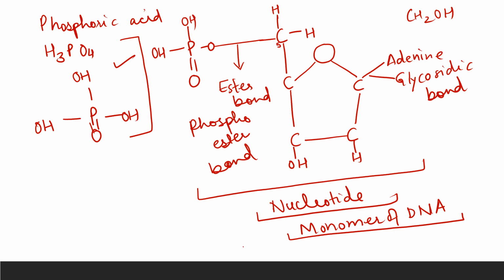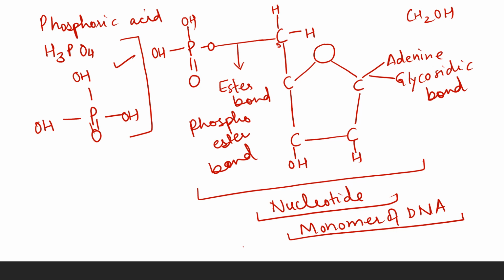So you need to understand, a nucleoside is what? When only the nitrogenous base and the sugar are attached. That is known as a nucleoside. But if a phosphate group is added to that, then it becomes a complete structure of a nucleotide. So this is one question of the NEET exam, right?